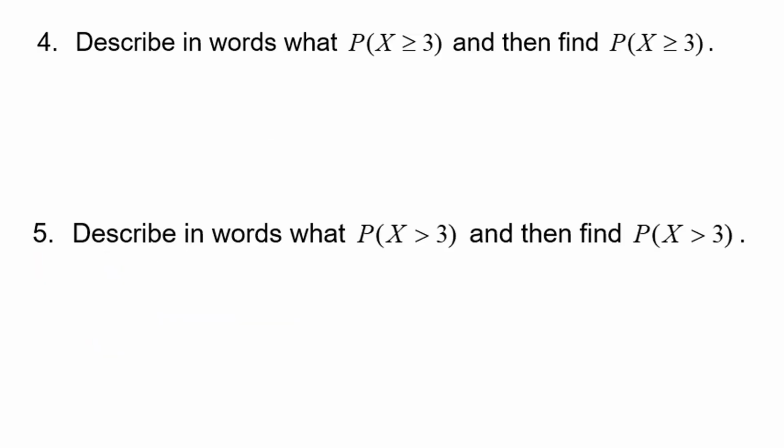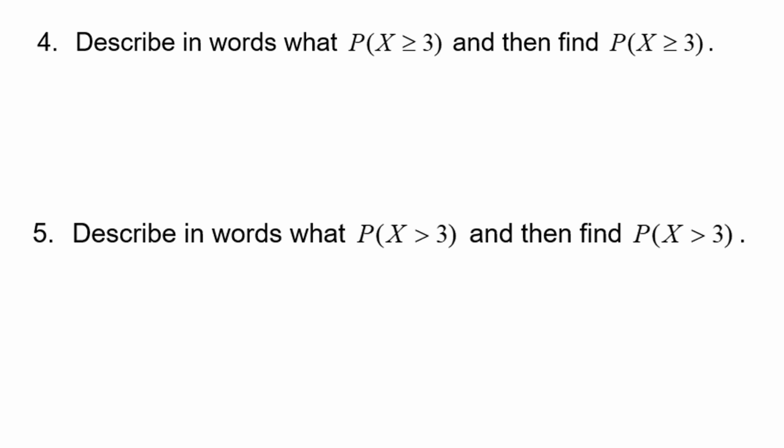Right, now we're going to connect what we did last chapter with probability, and make sure we're looking at different notation, even though it's answering the same things. So describe in words what this means right here. Remember, this is proper probability notation, which you hopefully used on your test.